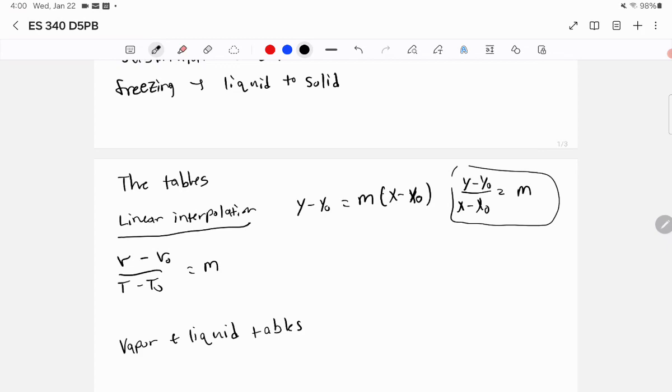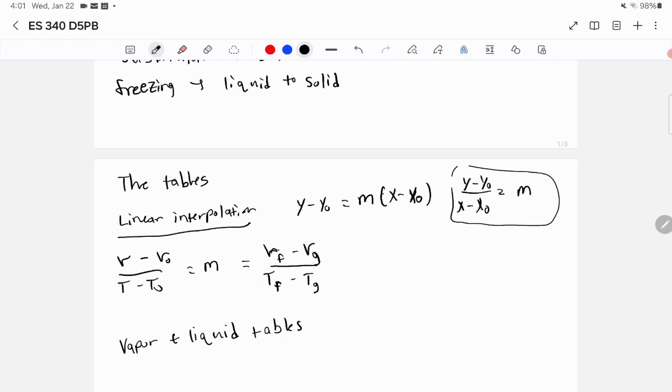But I might actually know, say, this might be equal to the slope. It might be, say, vf minus vg over tf minus tg, or something like that.